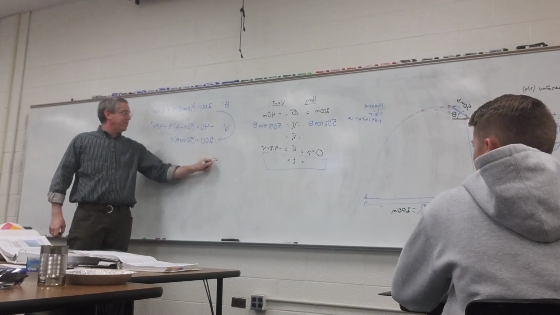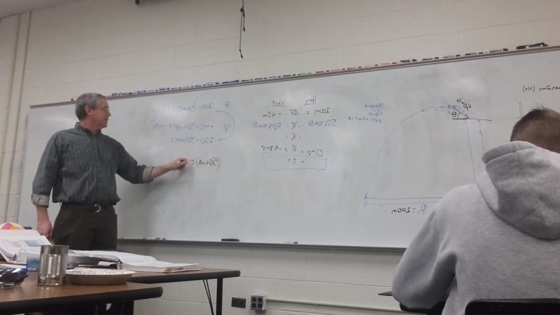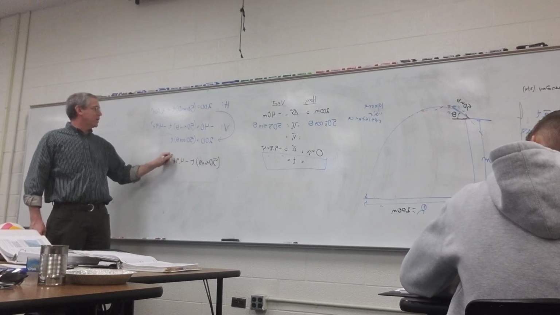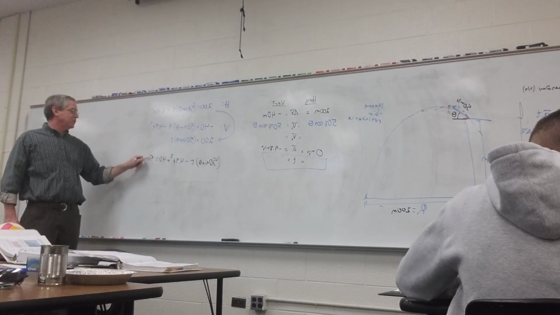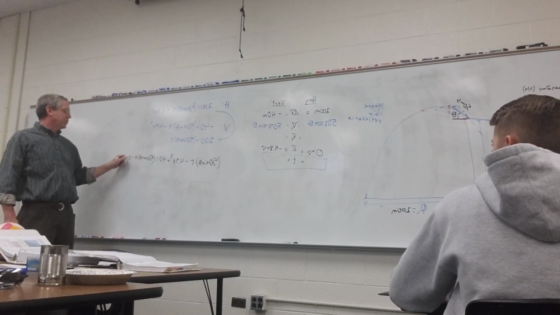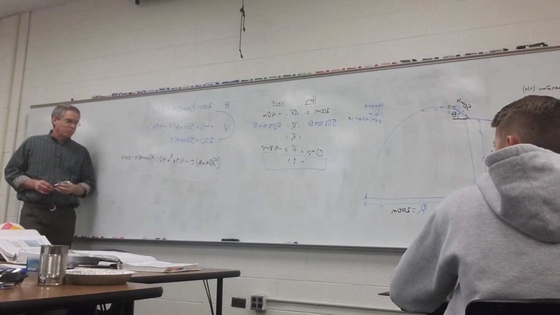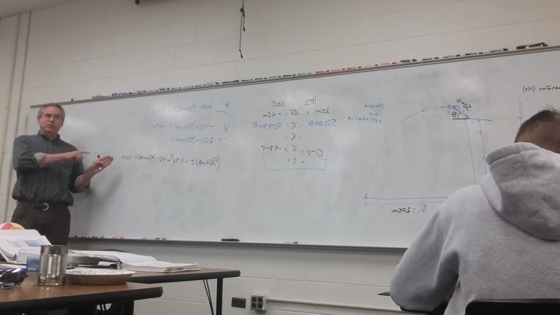So I'd have 50 sine theta t minus 4.9 t squared plus 40 equals 50 cosine theta times time minus 200. What is wrong with this in terms of trying to solve?